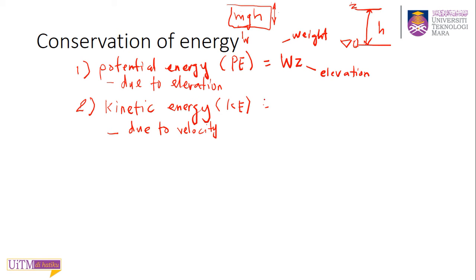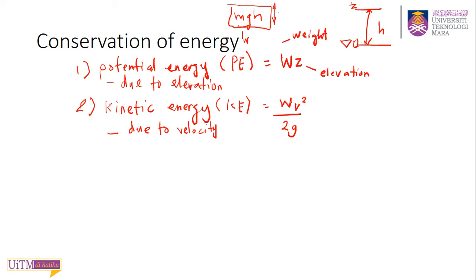And the formula for kinetic energy is W V squared over 2G. W is weight, again weight. V is velocity, 2 is 2, and G is the gravitational constant.